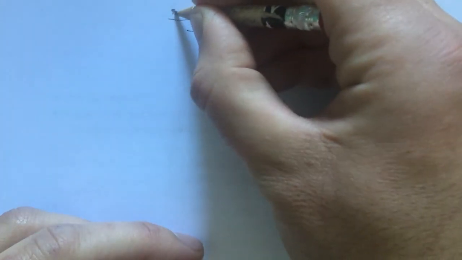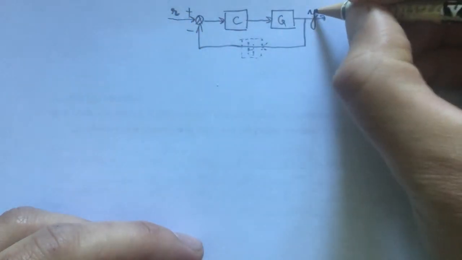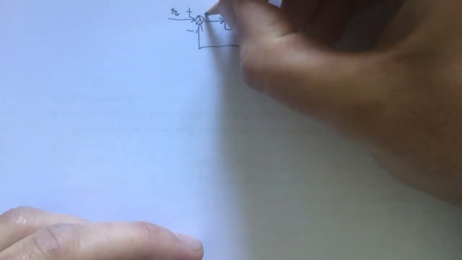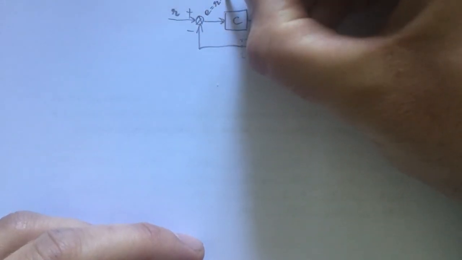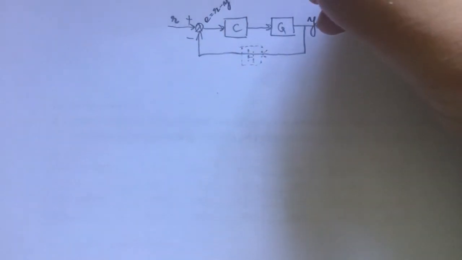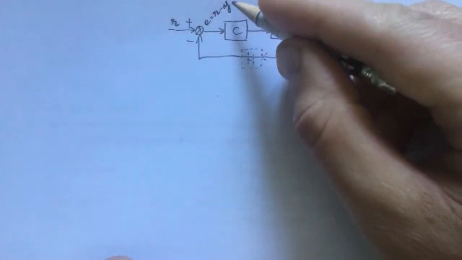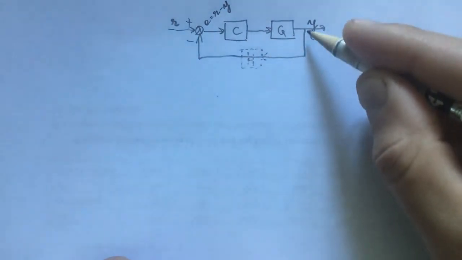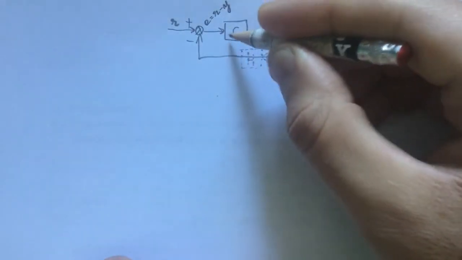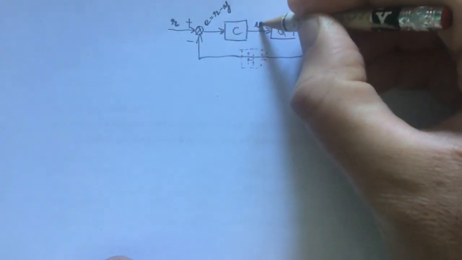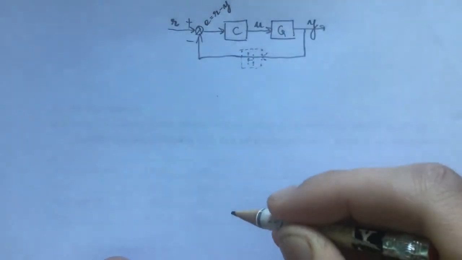So we take the reference that the output should follow and calculate the error, which is equal to the reference minus the output, which we presume is being measured exactly, and the controller finds the control action based upon the error.